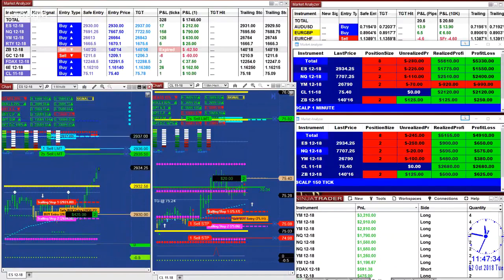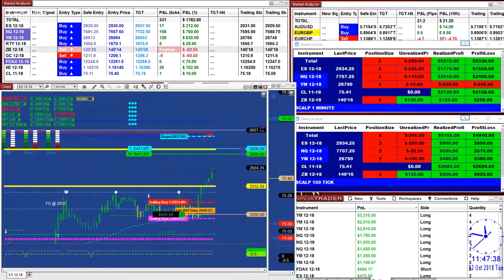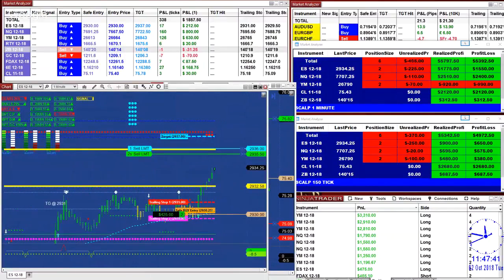It's coming your direction, folks. Welcome to trading. Those are the numbers.